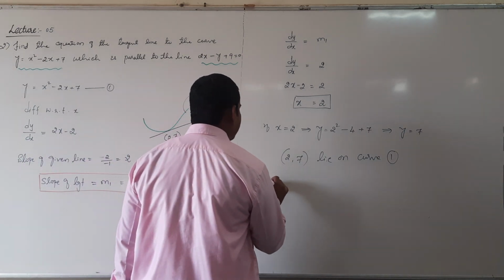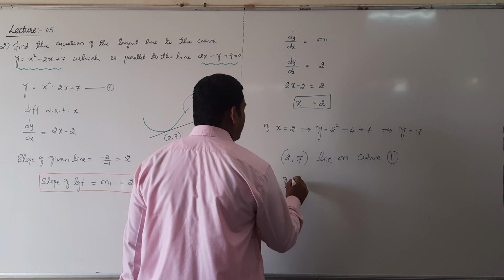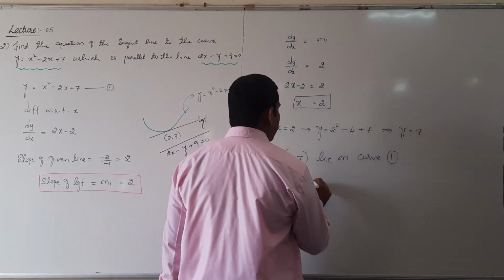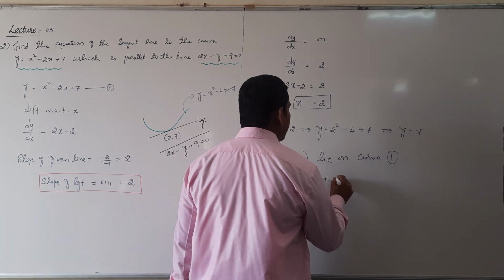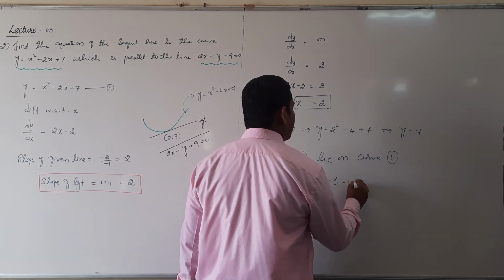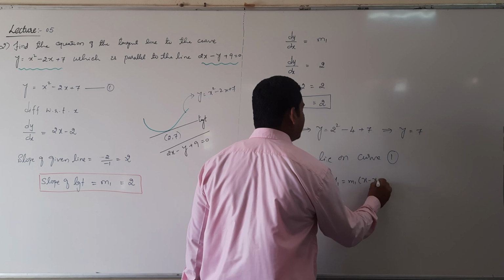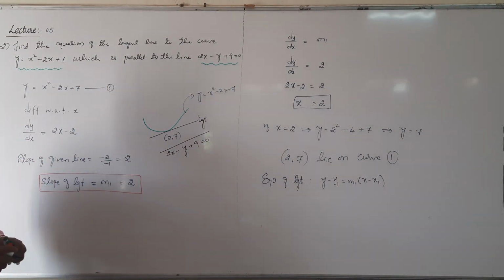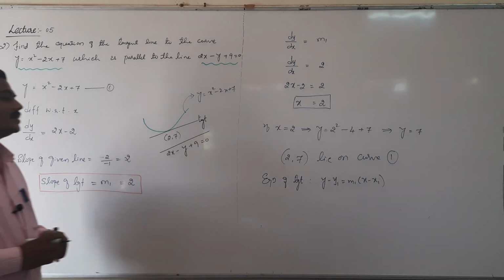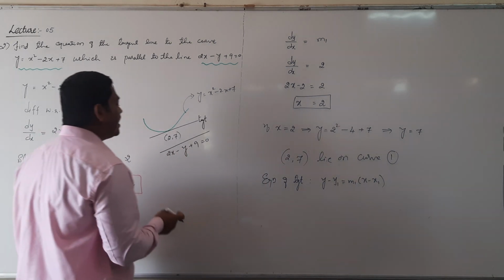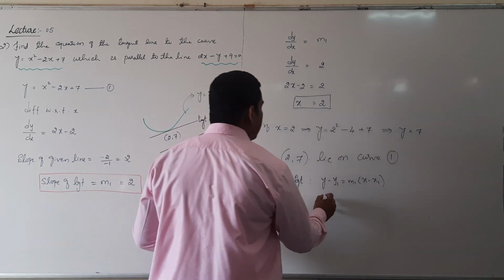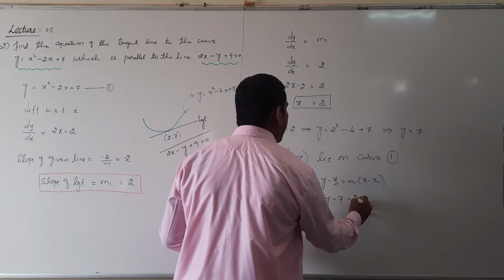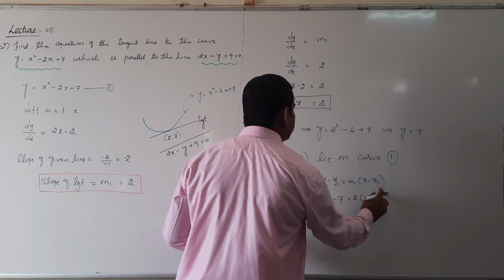Equation of the tangent formula: y minus y1 is equal to m1 into x minus x1. This point itself is x1 comma y1, right? Then y minus y1 is equal to m1 into x minus x1.